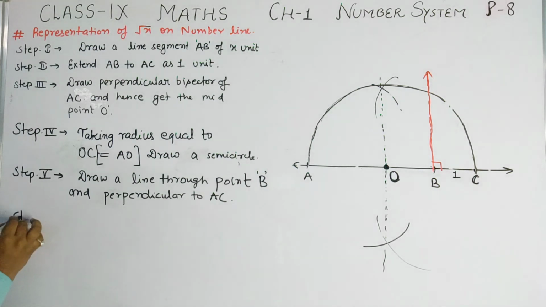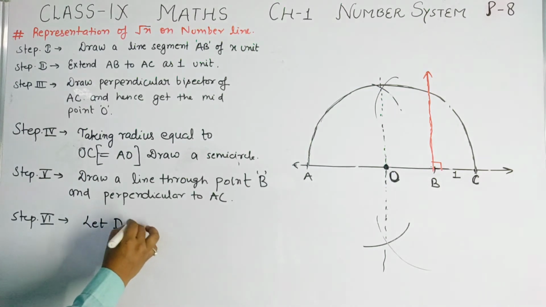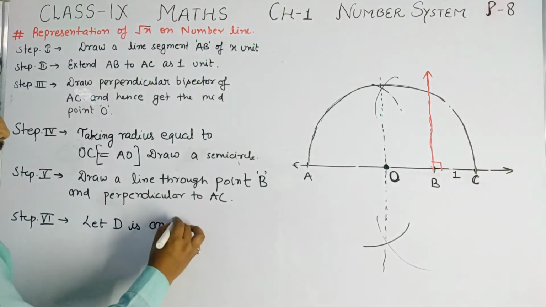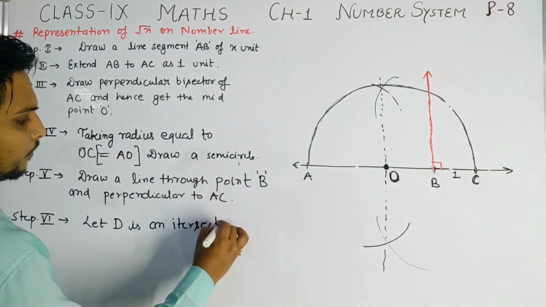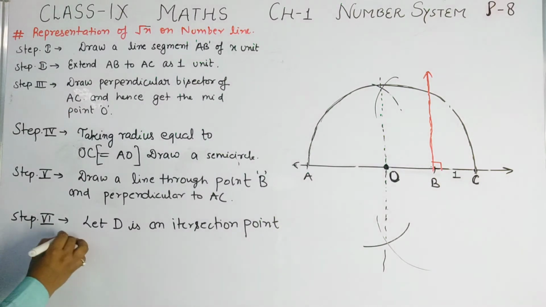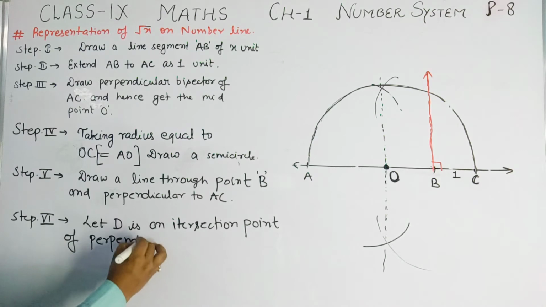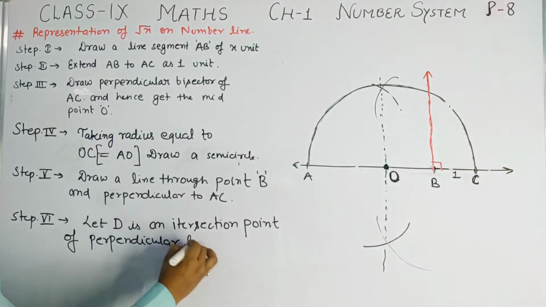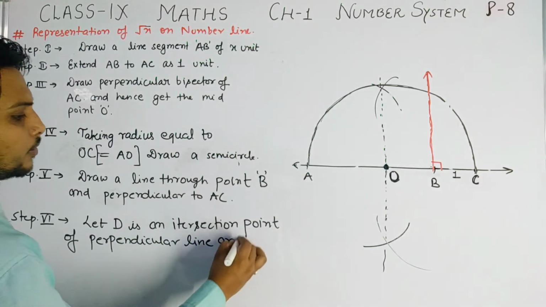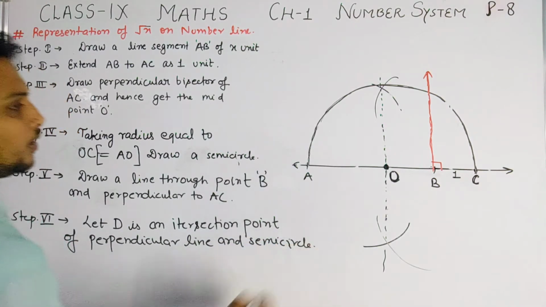In step 6 we can write, let D be the intersection point of the perpendicular line and the semicircle.